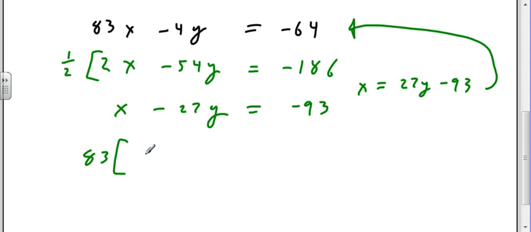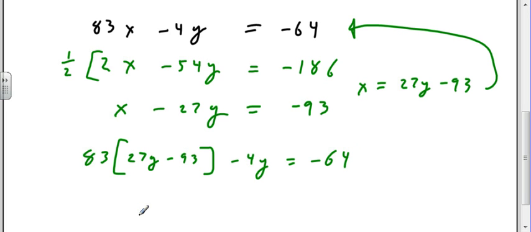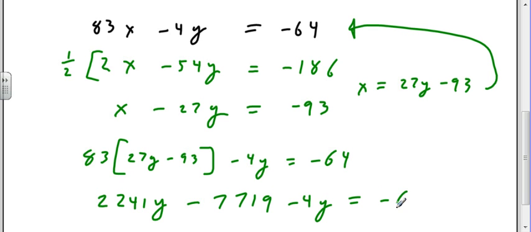Okay, 83 times 27y minus 93 minus 4y is equal to minus 64. Okay, 83 times 27, 2,241y minus 83 times 93, 7,719 minus 4y is equal to minus 64.